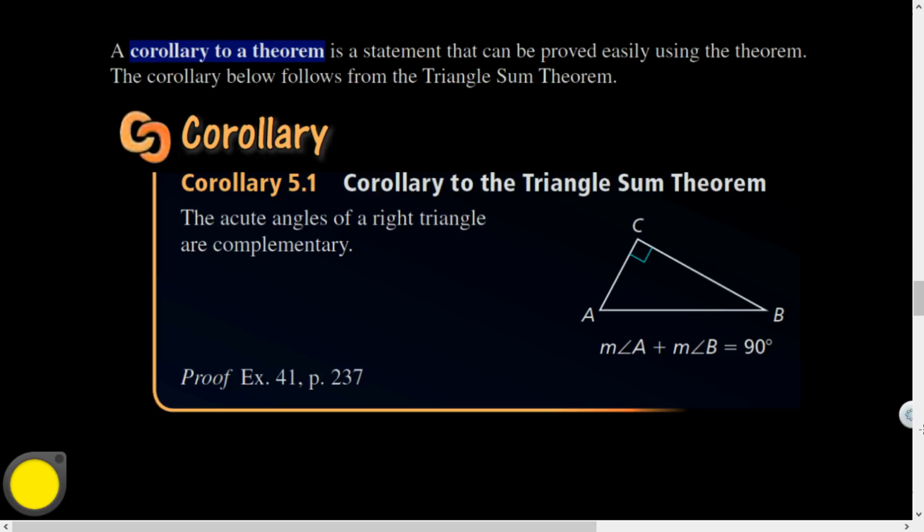So here's the corollary to the triangle sum theorem. It is a type of theorem. Corollary to the triangle sum theorem: the acute angles of a right triangle are complementary. Why does it make sense?